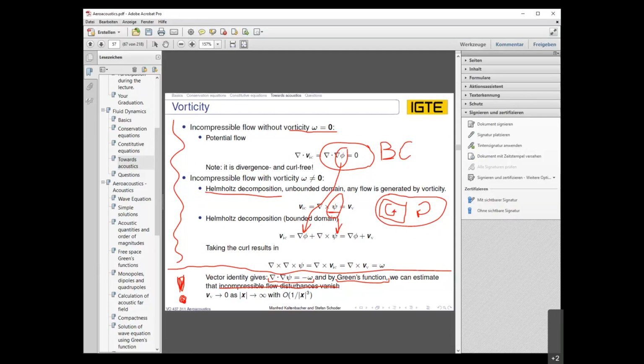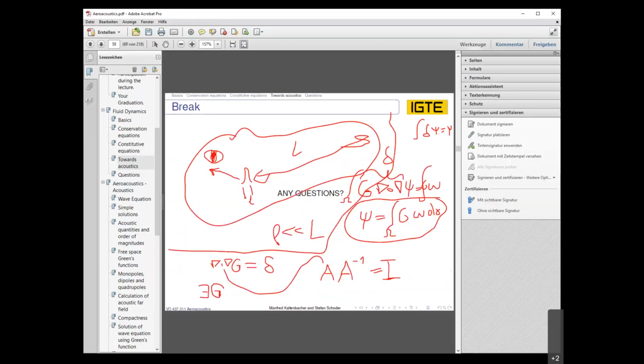Flow decreases with x to the power of minus 3, and acoustics decreases with x to the power of minus 1.